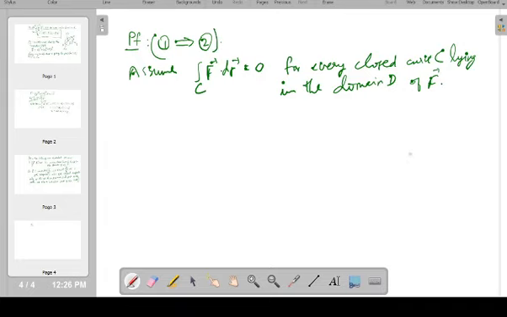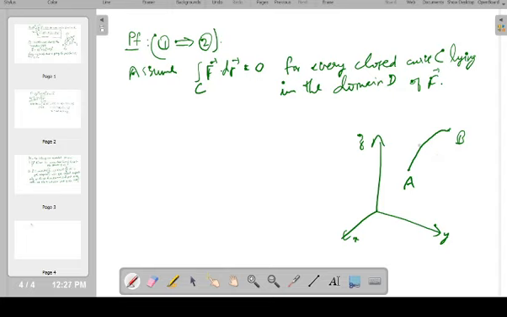So take any 2 points A and B. So I am in the space, x-axis, y-axis, z-axis. This is the point A, this is the point B. So I have to prove that the integral from A to B depends only on the points A and B, not the in-between points.